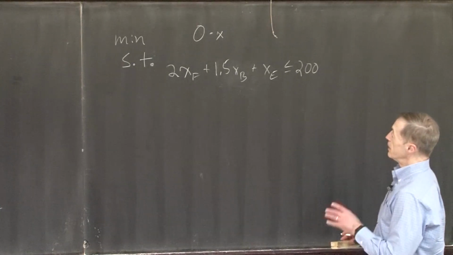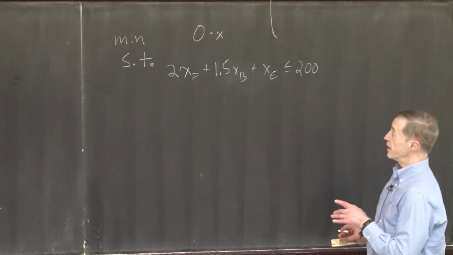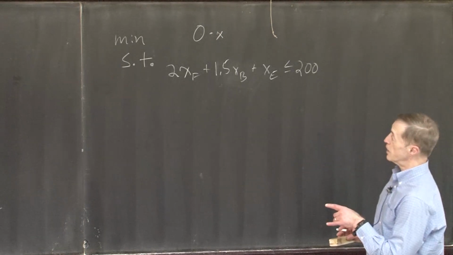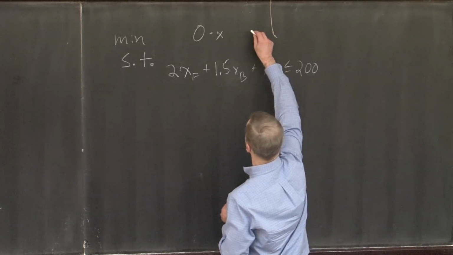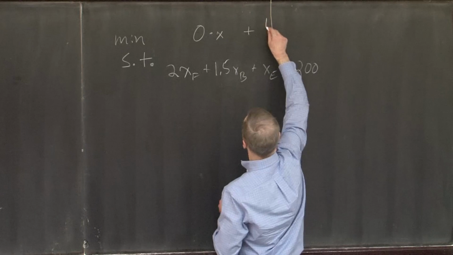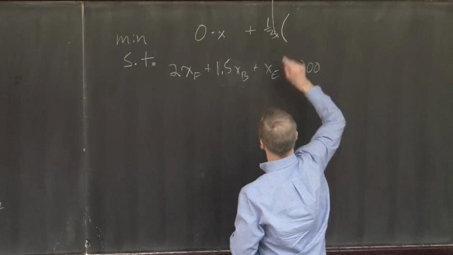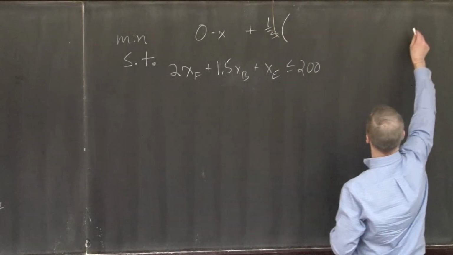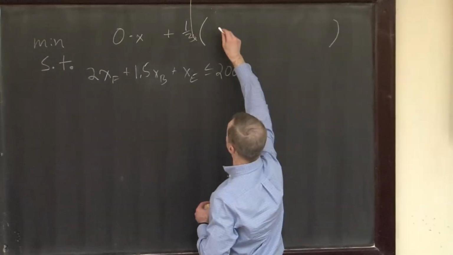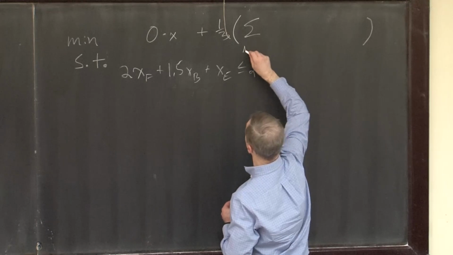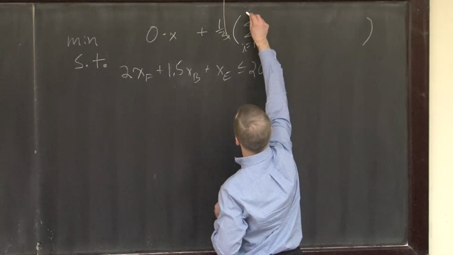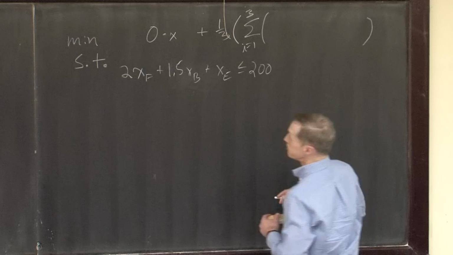Okay, now, the recourse part of this is that there are these 3 scenarios. So we could say this is plus 1/3 that's going to happen for each of the 3 scenarios. Now I'm going to sum over each of these 3 scenarios, that's i going from 1 to 3.